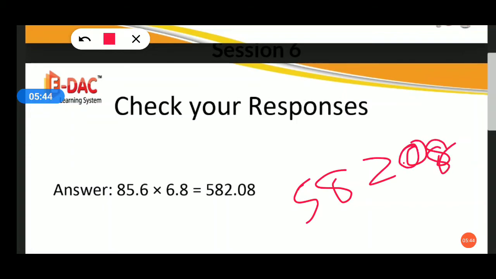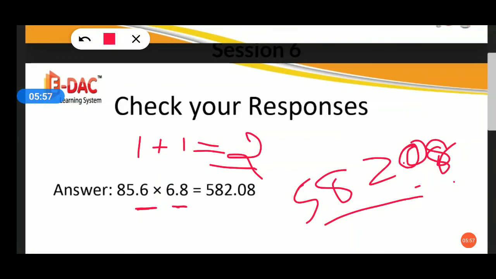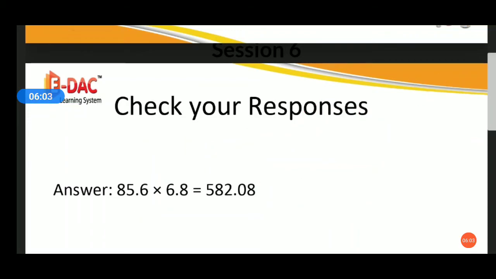Now see, after decimal, here only one digit, here also one digit. So 1 plus 1, that is equal to 2. So you need to have two decimal places in the product. Now move to the right. 1, 2. So the point will be here. So the answer will be 582.08. Understood, students? That's all about this.